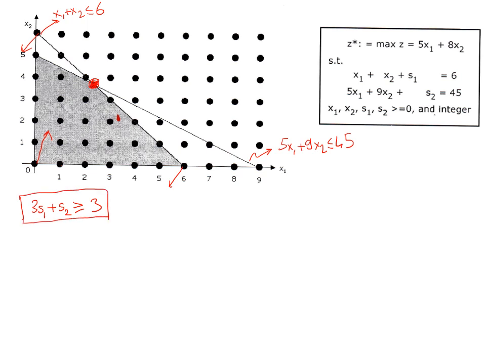Now I'm going to sketch this cut in this graph. Remember the two important properties of a cut. The first property is the LP optimum solution should be out of the feasible region. This is the first important property.